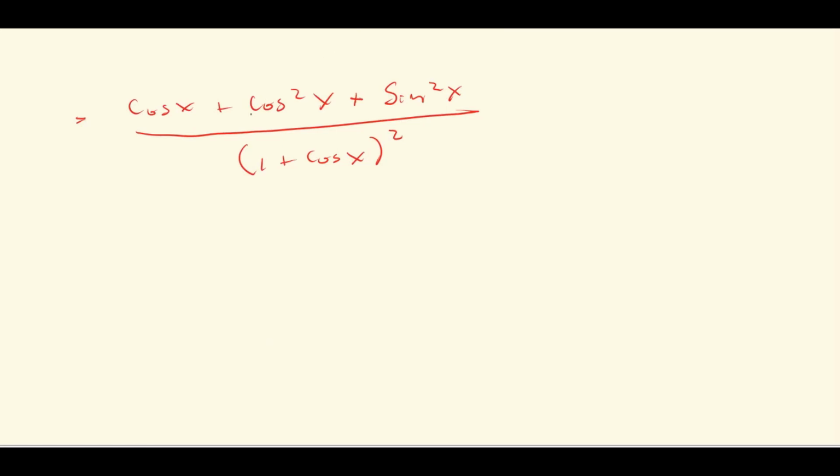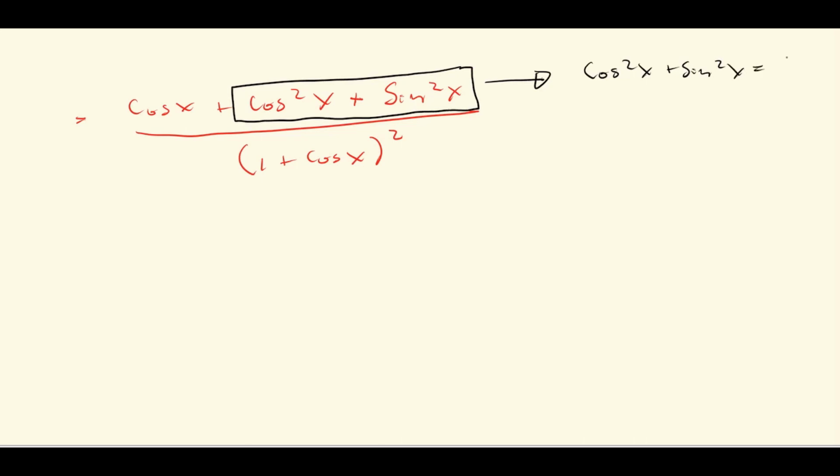And then we notice that we have a cosine squared x plus sine squared x. And we know from trigonometry that this is an identity. We know that cosine squared x plus sine squared x is equal to 1.